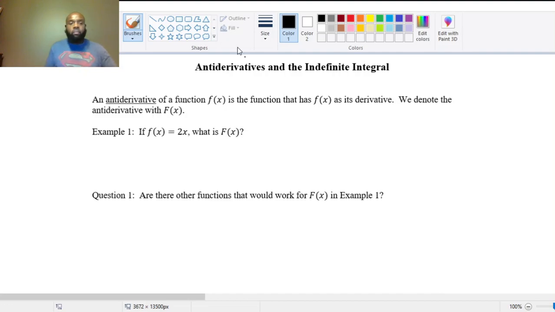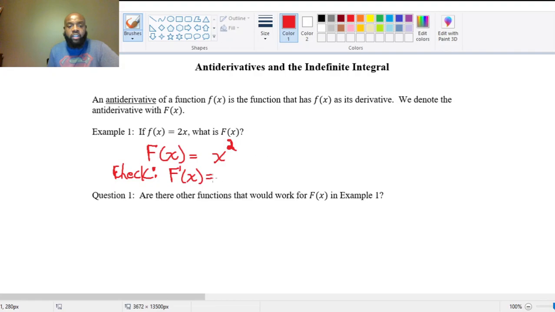A function that looks like this comes from doing the derivative of something that looks like this, x squared. Because in order for me to get 2x, and I can check myself. A good check is to take the derivative of what you think your antiderivative is, and if you end up with what you start with, which is this little f of x, then you found the actual antiderivative.